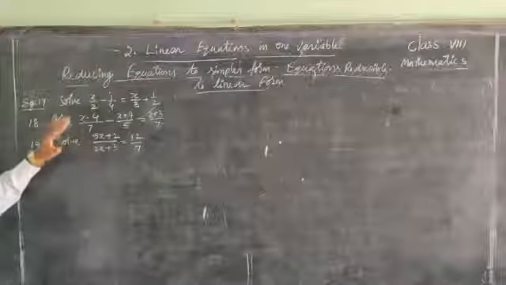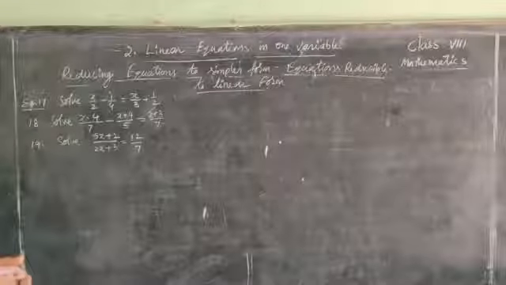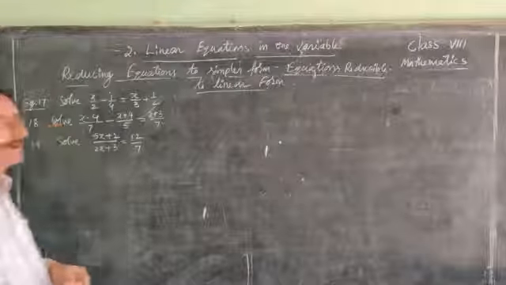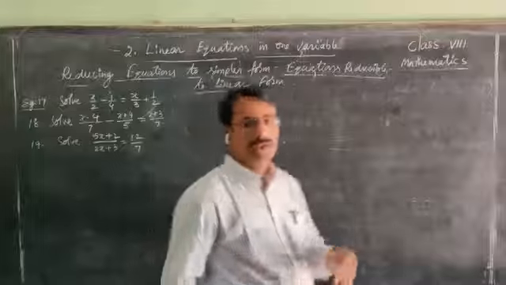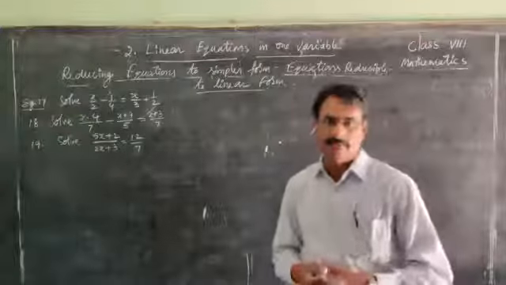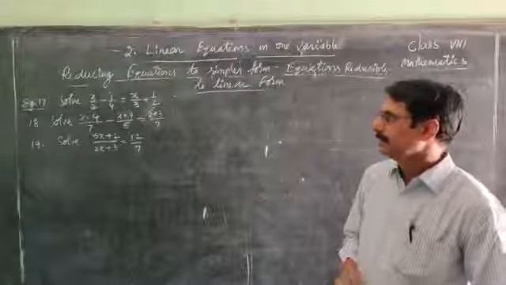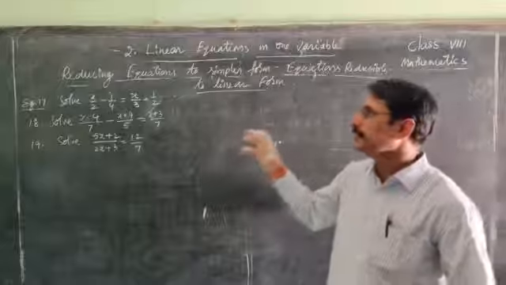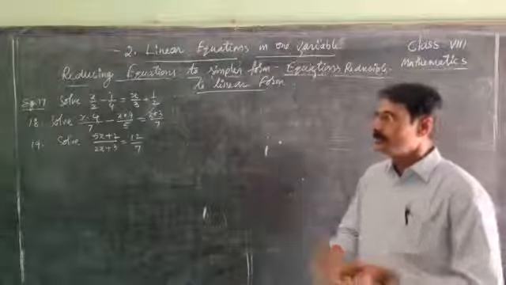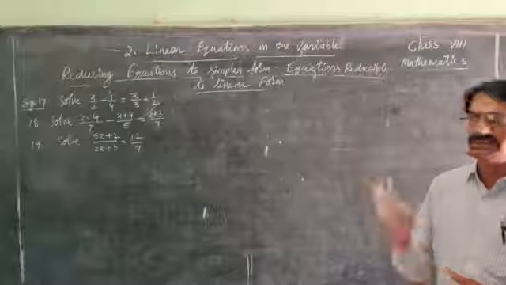These equations, we think, are not in the form of a linear equation in one variable. So we are going to reduce them to a simpler form. That is the first step.